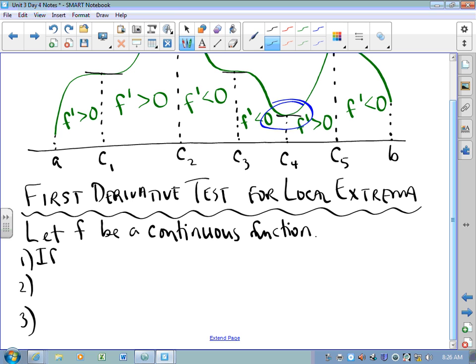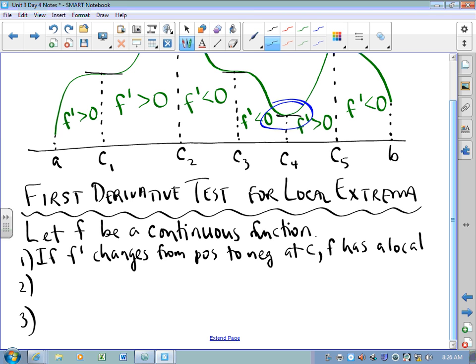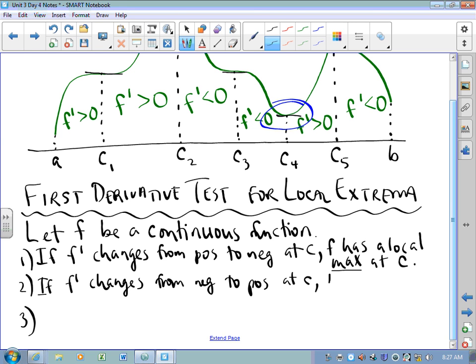Part 1, if f prime changes sign from positive to negative at C, f has a local max at C. If f prime changes from negative to positive at x equals C, f has a local min at C.